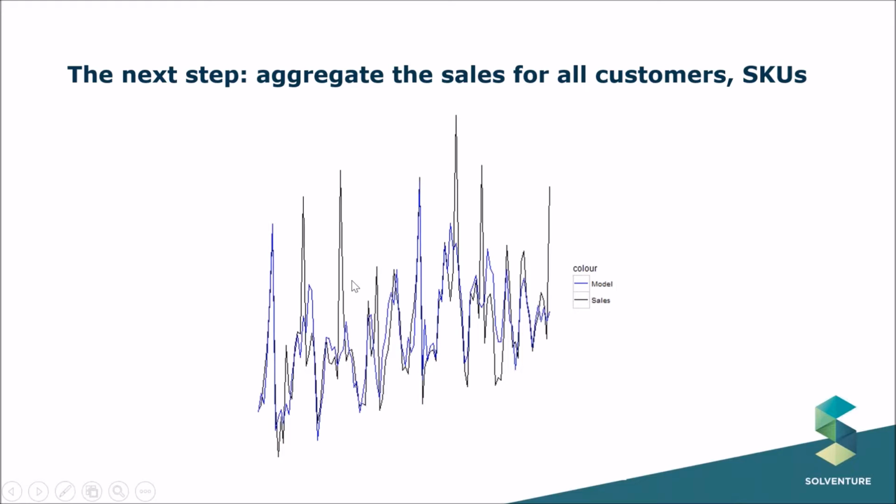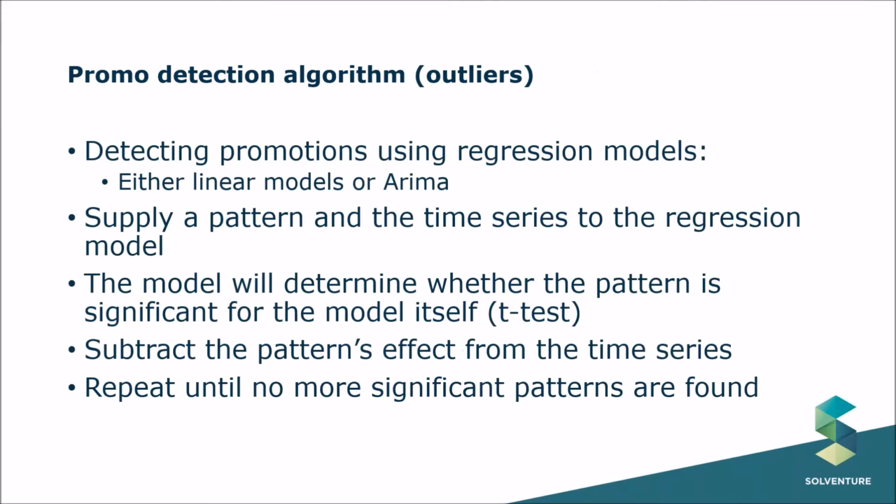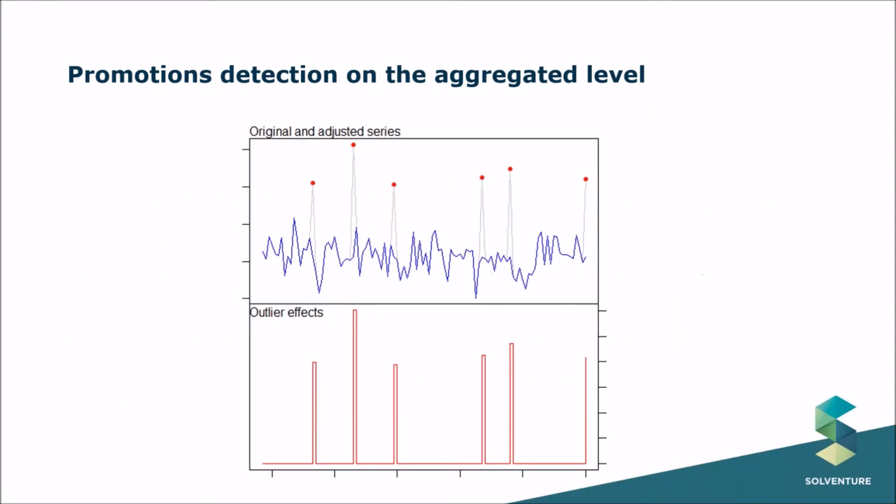We will run statistical tests which will say, well, by adding, for instance, a promo event at this specific point in time, statistics will help us to define whether that would give a significant difference, yes or no. That's what we explain here on this slide.